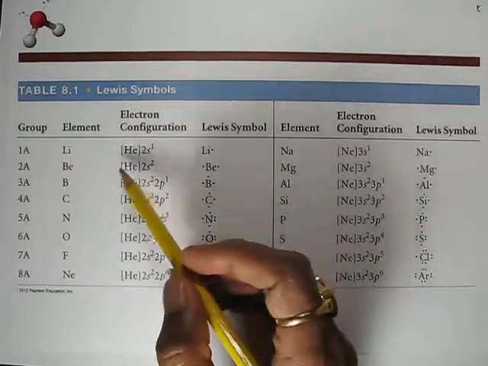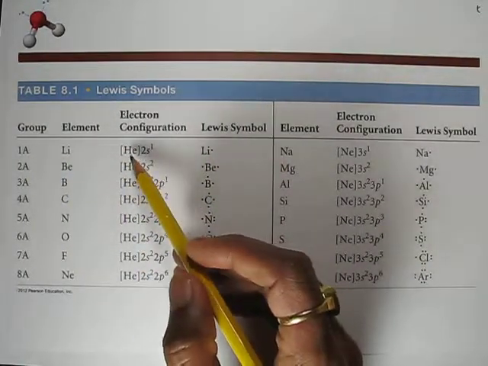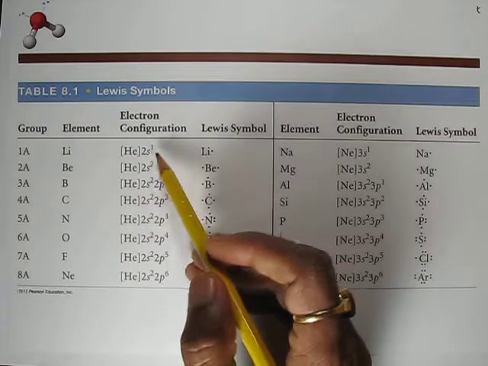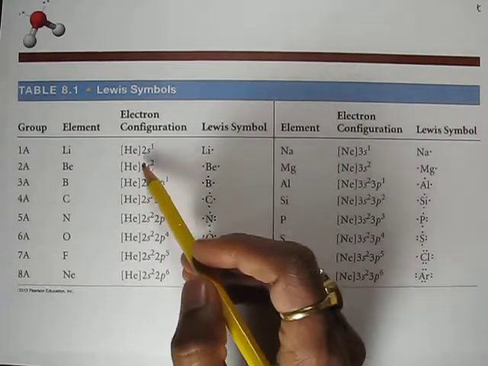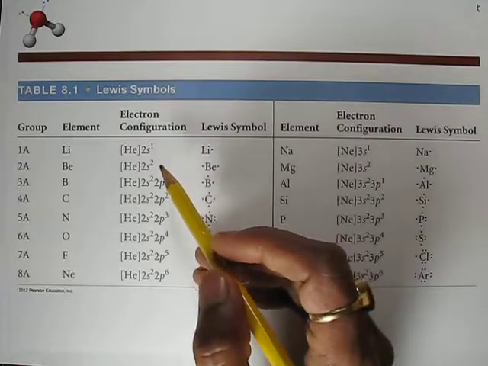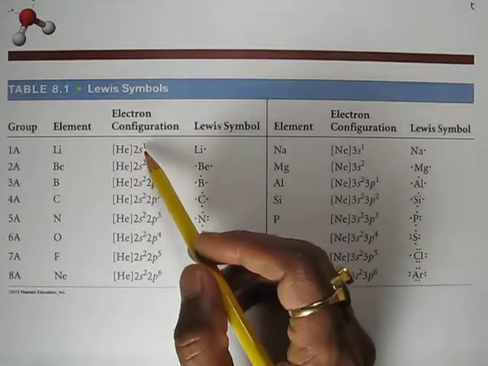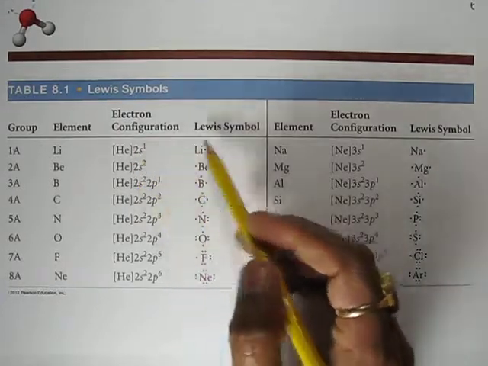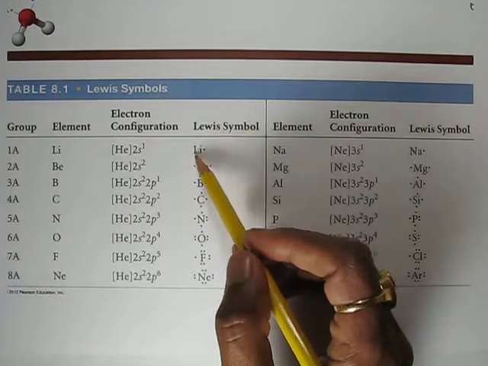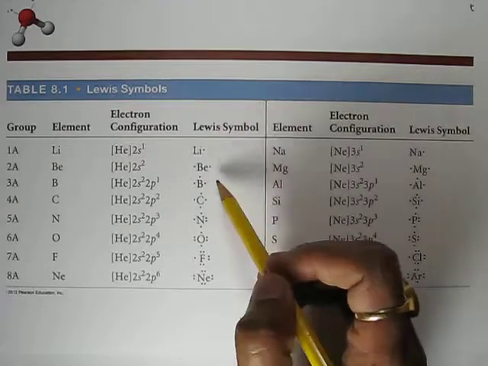For lithium, it has atomic number 3, so 1s2 and 2s1. So rather than 1s2, it is using as a core electronic configuration, so 2s1. So the last electron is represented like this one, lithium and 1 dot, which is a Lewis symbol.